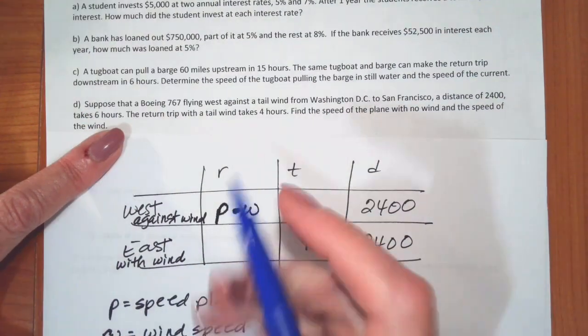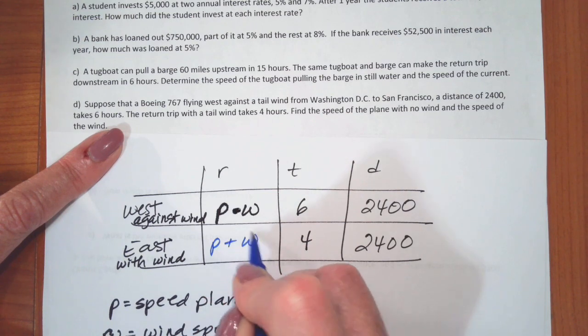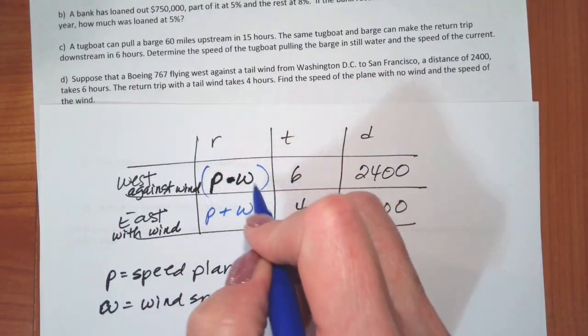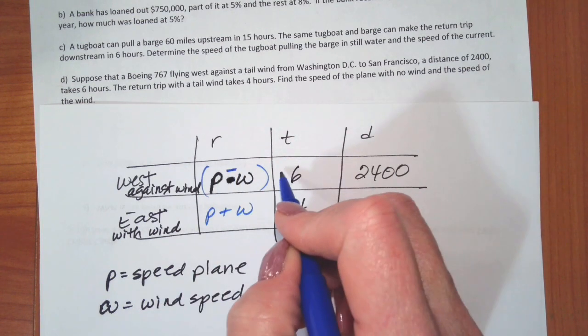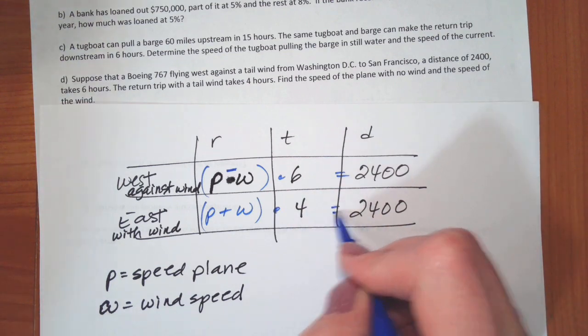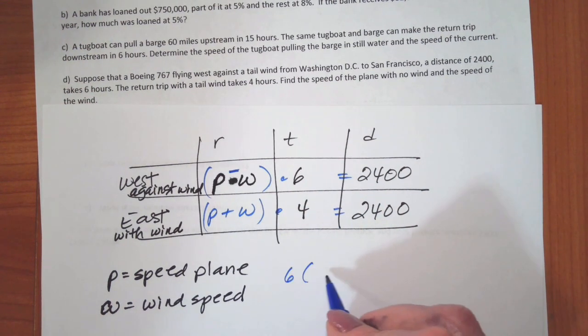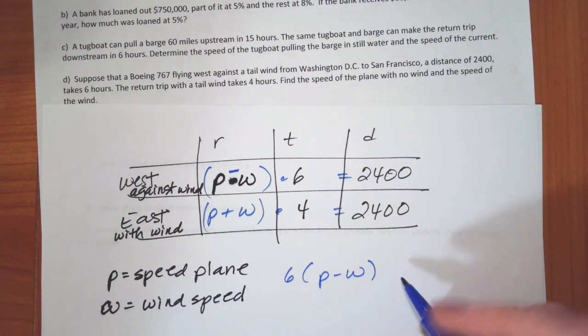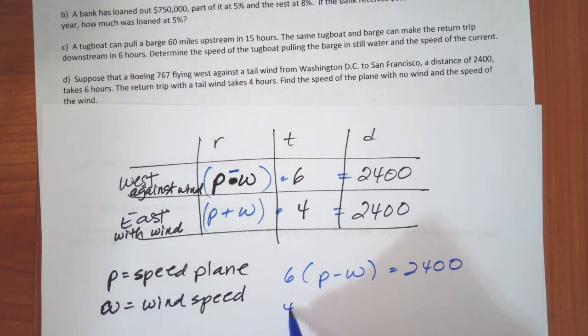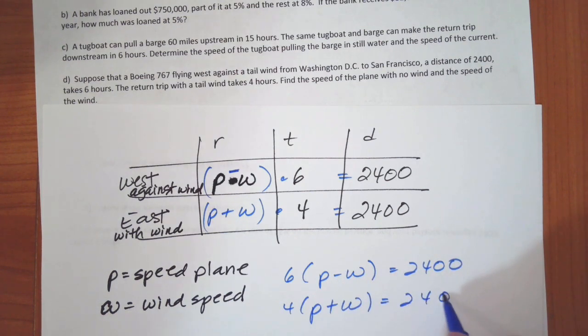Okay. All right, and then this will be P plus W. So now I've got my equations. This times this is this. So I have 6 times P minus W is equal to 2,400. And 4 times P plus W is equal to 2,400.